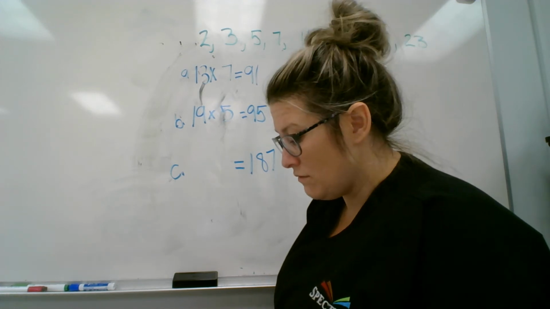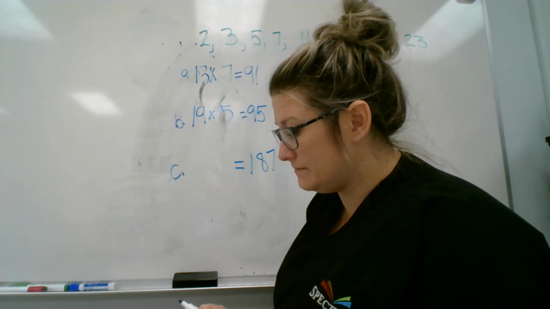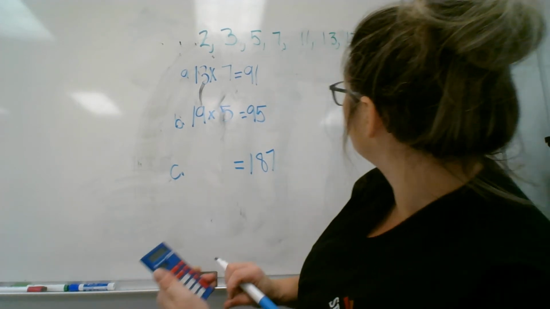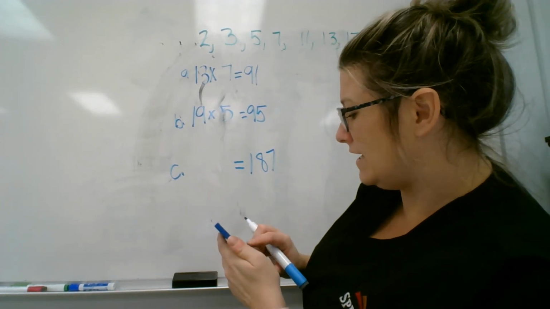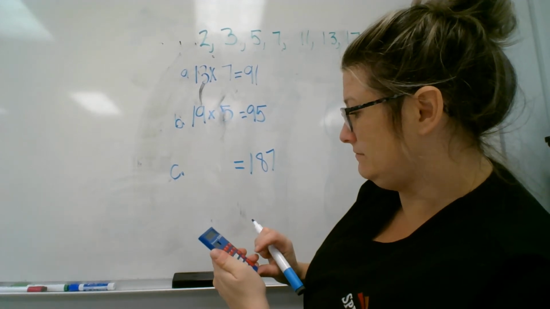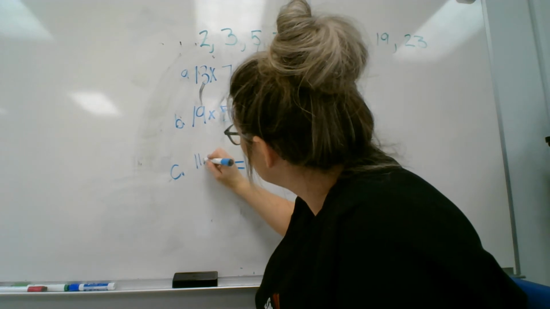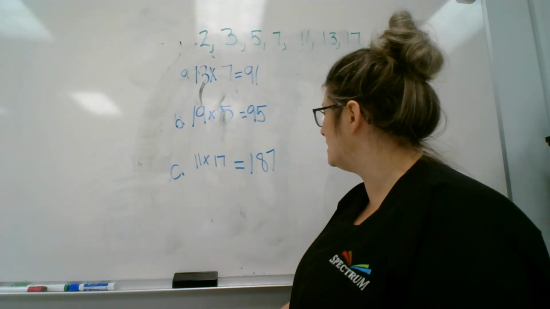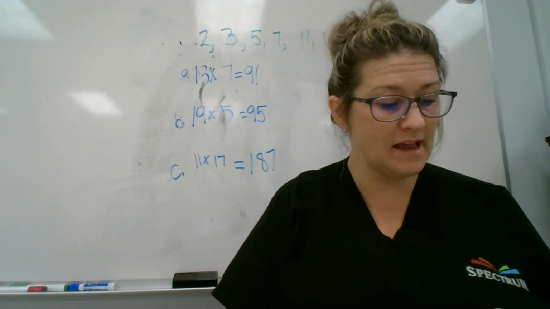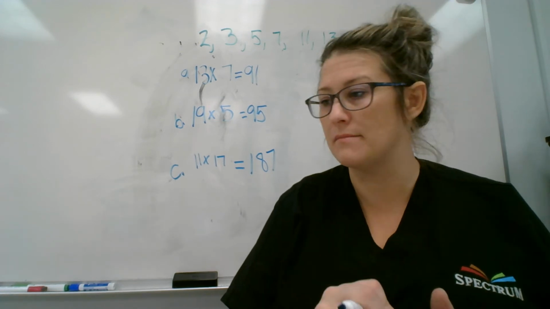Nope. 187 divided by 7 equals 26.7. Nope. 187 divided by 11 equals 17. So I know I have 11 times 17 equals 187. Those are my prime numbers for those numbers.